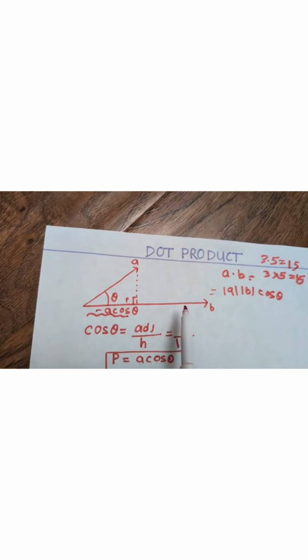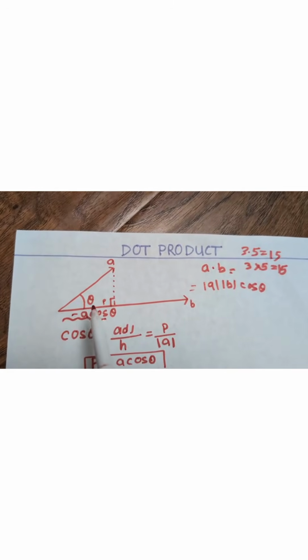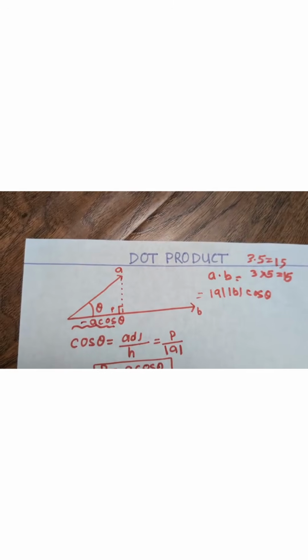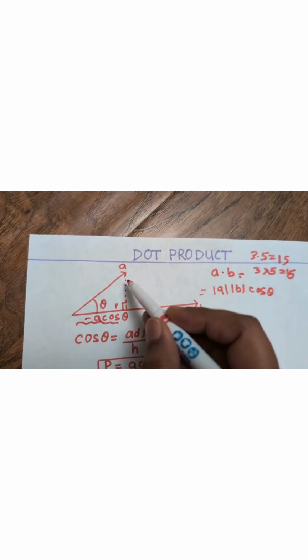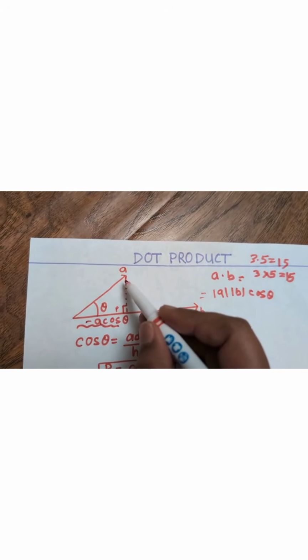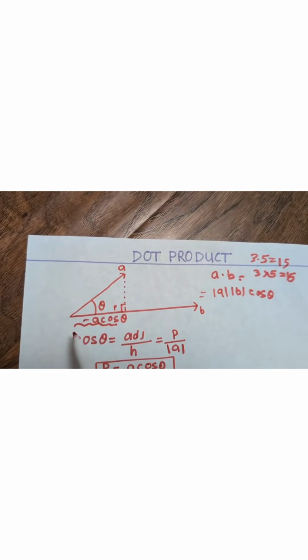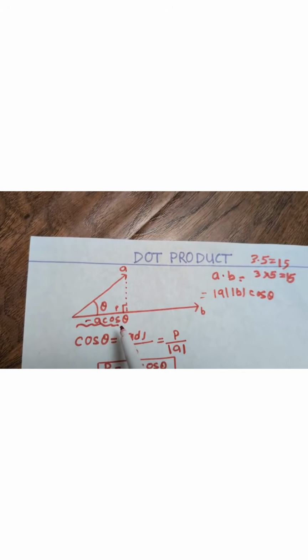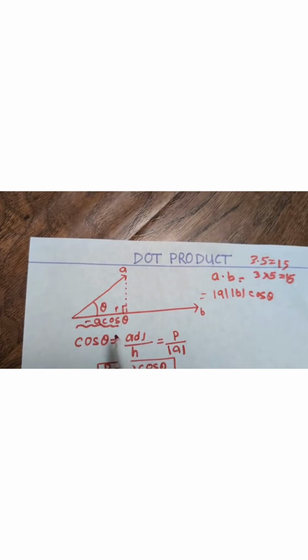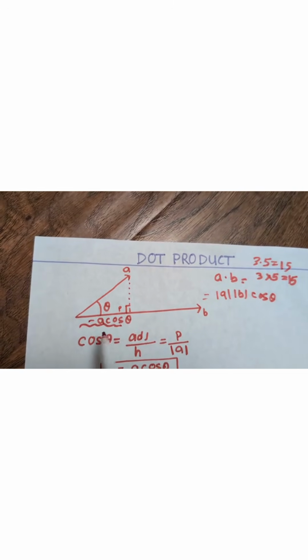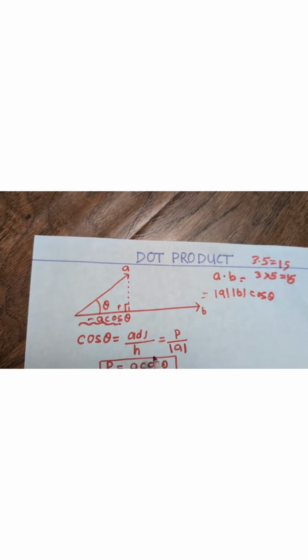Now, if A vector and B vector are inclined by an angle theta, let's put the perpendicular from A on the vector B. Now you can say that this length of this triangle is A cosine theta, because cosine theta is adjacent over the hypotenuse.